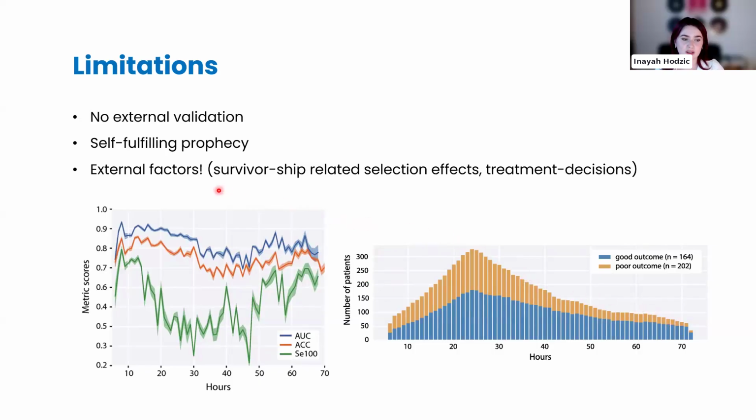So there's a level of survivorship-related selection effects here. And of course, the treatment decisions can also affect the EEG signal, the integrity of the signal, and the overall effect in the EEG evolution and distribution of patients across time.